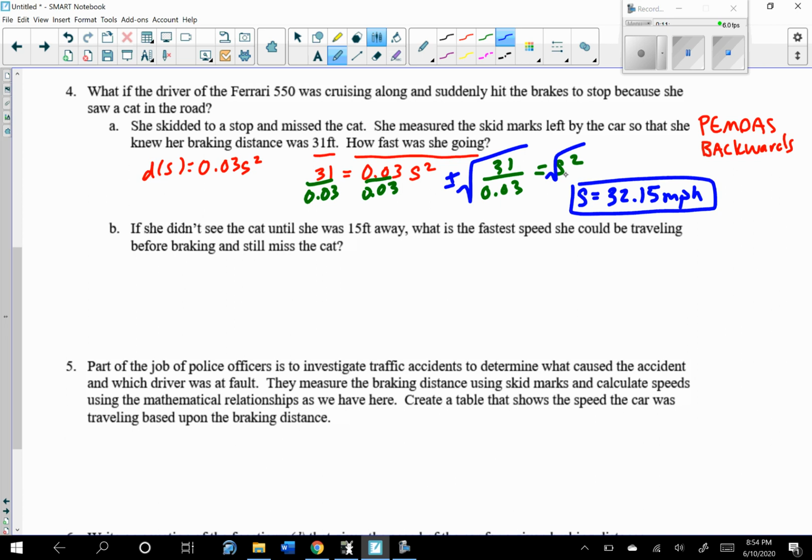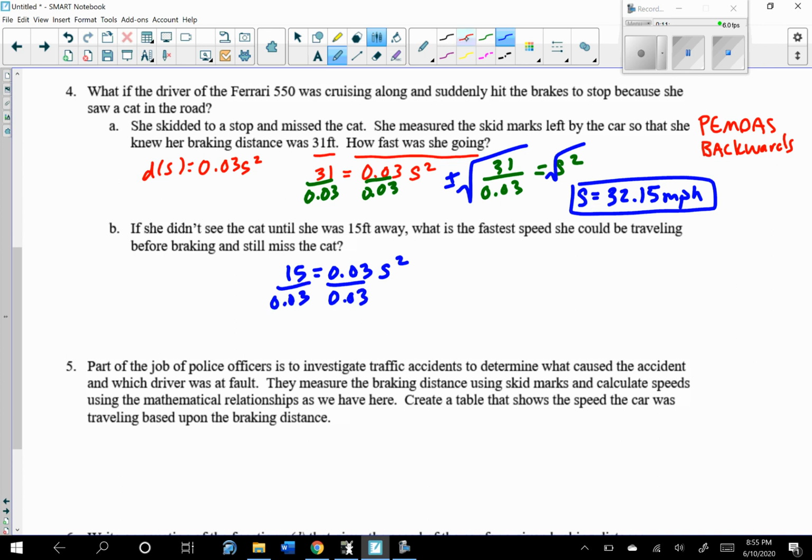If she didn't see the cat until she was 15 feet away, what is the fastest speed she could be traveling before braking and still missing the cat? So we're going to do the same thing. So 15 equals 0.03 s squared, the speed squared. So divide by 0.03.